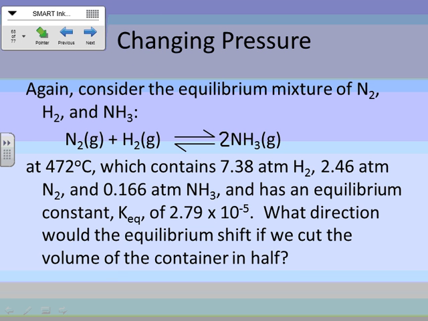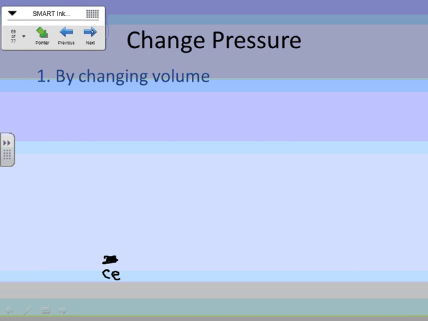Here we go, okay. This K right here, for the Haber process, 2.79 times 10 to the negative fifth, that is only the K at 472 degrees Celsius, okay? If I change that temperature, this number changes. All right, so you have to recognize that. That's what happens when we change the temperature.